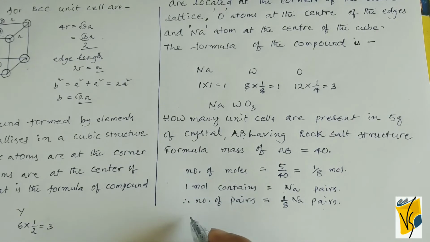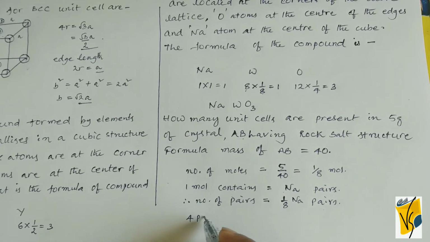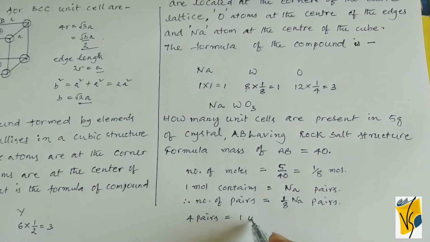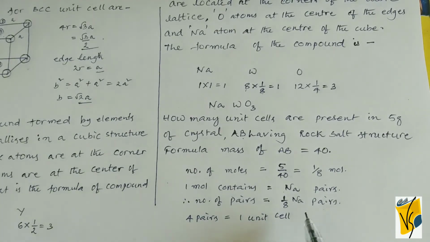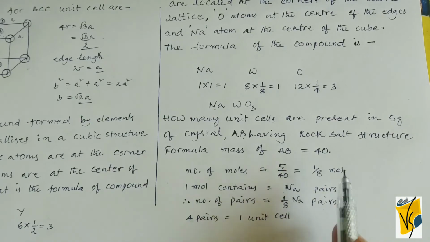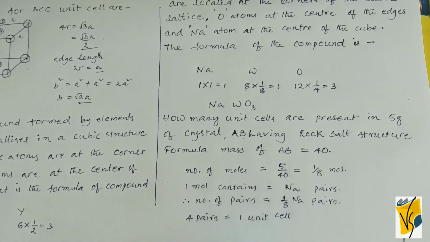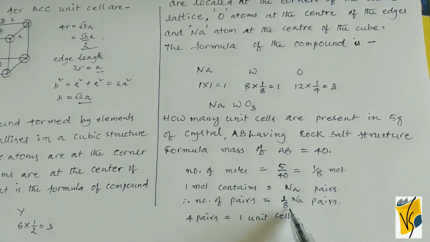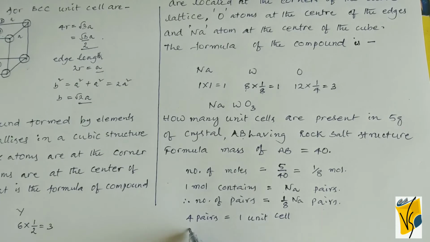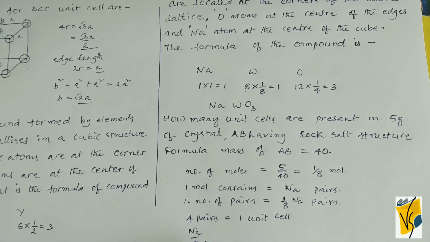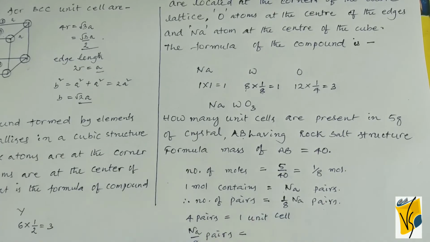Okay. So now 4 pairs is equal to 1 unit cell. And we know the number of pairs in 1 by 8 moles, or 5 grams of the crystal, is equal to Na by 8. Okay. Now Na by 8 pairs will be equal to how many unit cells?